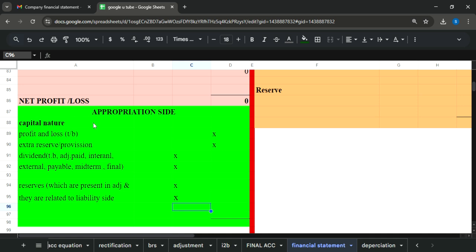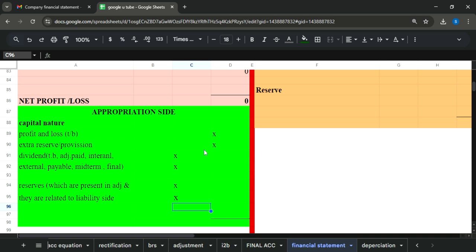Now note it down. This is capital nature. This portion is directly associated with those elements which are of capital nature. Two incomes we have discussed: profit and loss, if that is income present in the trial balance, you will note over here. And if there is any additional reserve, that would be noted down over here.